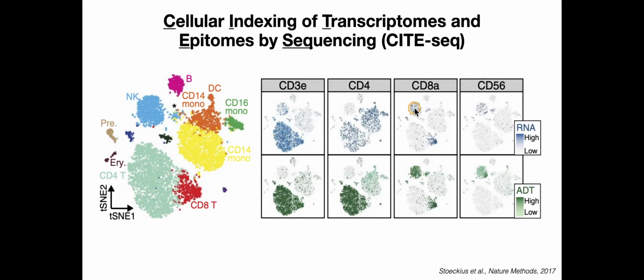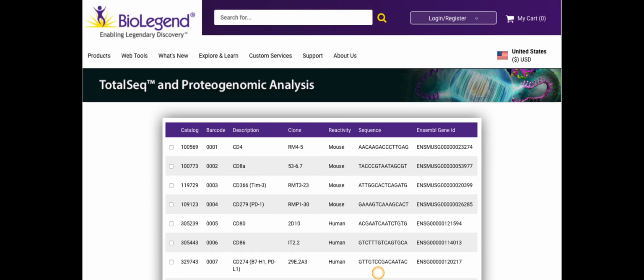And so CITE-seq is a great example of how we can multiplex single-cell assays and how they can be both complementary and also change the way we think about identifying clusters of cells. We could use the CD8 protein to unambiguously identify CD8 cells and then look at the transcriptional profile of those CD8 cells.